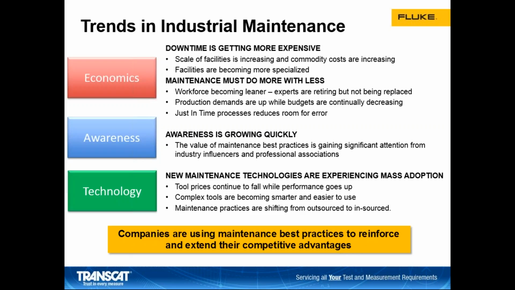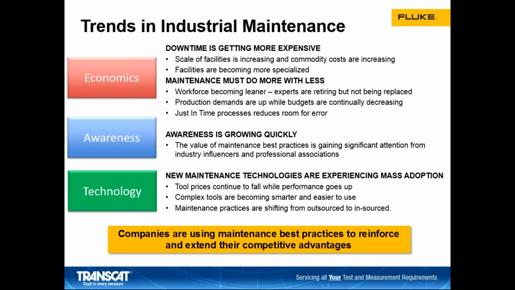Well, the awareness is getting higher as well. You're seeing more and more maintenance practice journals and groups and trade shows. The good news is the technology is also getting better. We're seeing the price of tools come down. We're seeing the complex tools become easier.